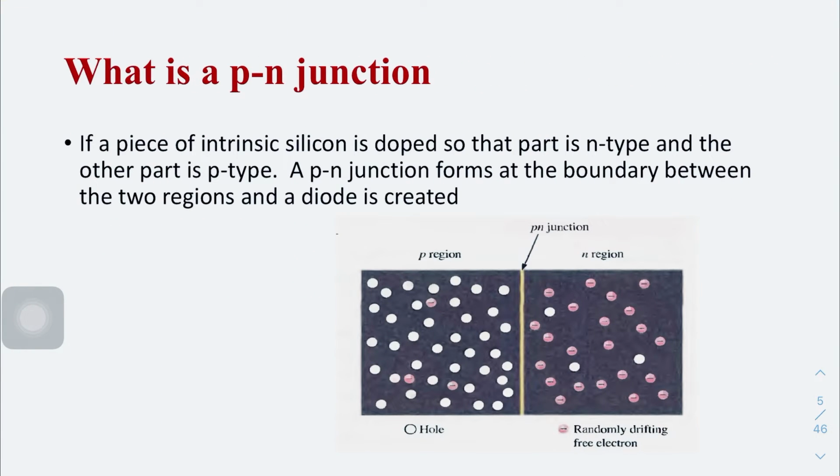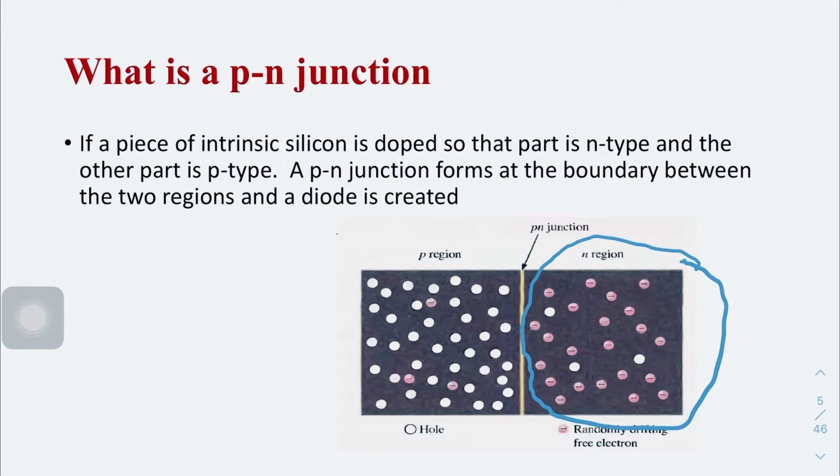What is the p-n junction? If we have a piece of intrinsic semiconductor and we dope one side with donor impurity atoms, as in this picture, this adds free electrons to the structure.